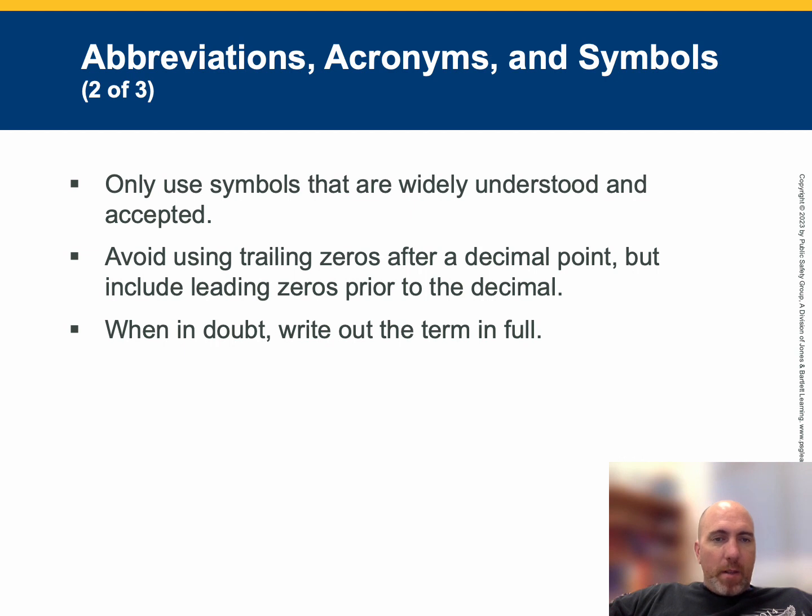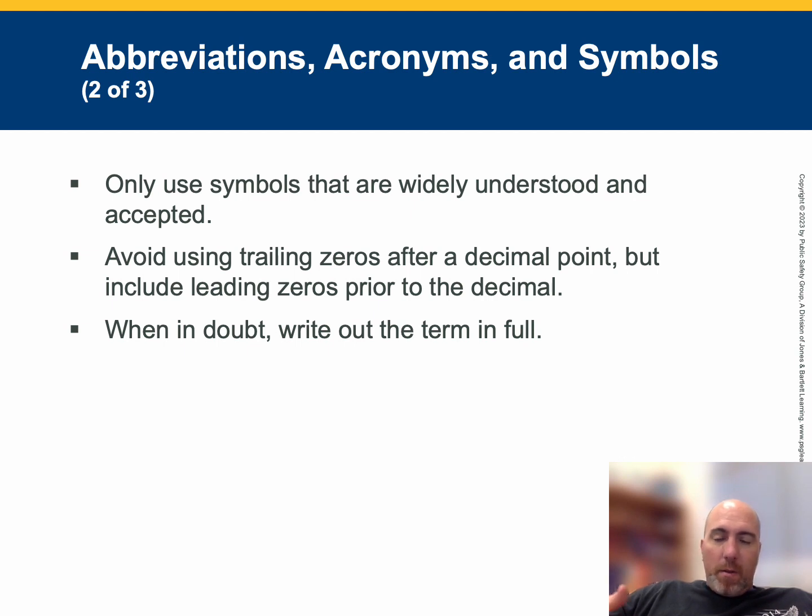Only use symbols that are widely understood and accepted. Avoid using trailing zeros after a decimal point, but include leading zeros prior to the decimal point, and when in doubt, write out the full term. Okay, so you may get 5 milligrams of a medication, or you may use 0.5 milligrams.